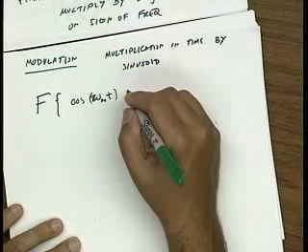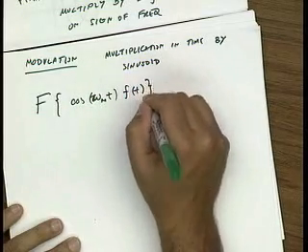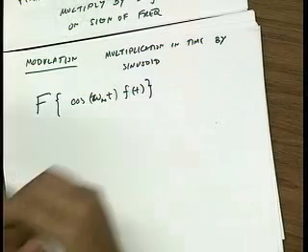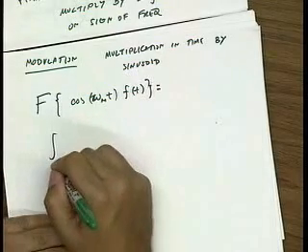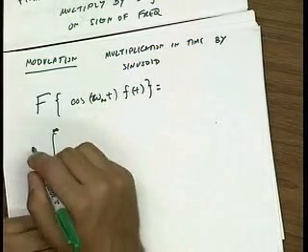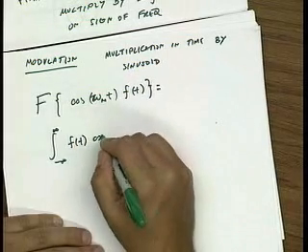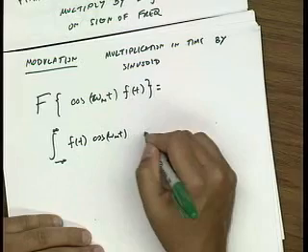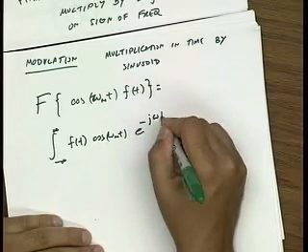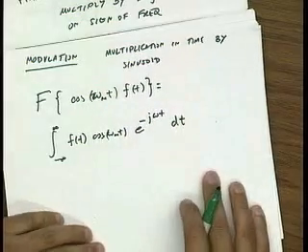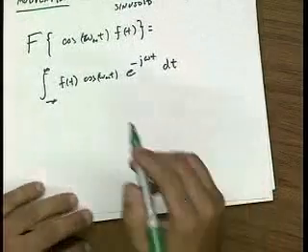This is our modulated waveform, times some arbitrary time domain waveform. This is our signal. Okay? So by definition, the Fourier transform is the integral of f of t cosine omega m t, this is the function, times e to the minus j omega t, integrated over all time, right? This is the definition of the Fourier transform.